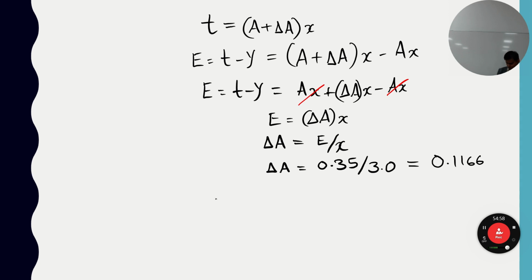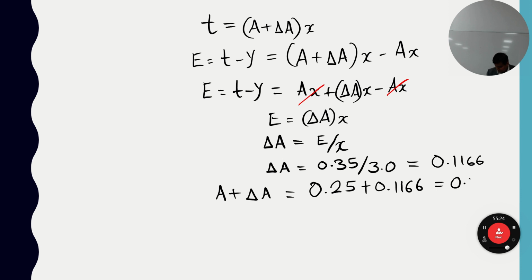So A plus delta A: initially A is 0.25, plus the delta A we have, 0.1166. So this gives you, say, 0.366. Let's put it as 67.